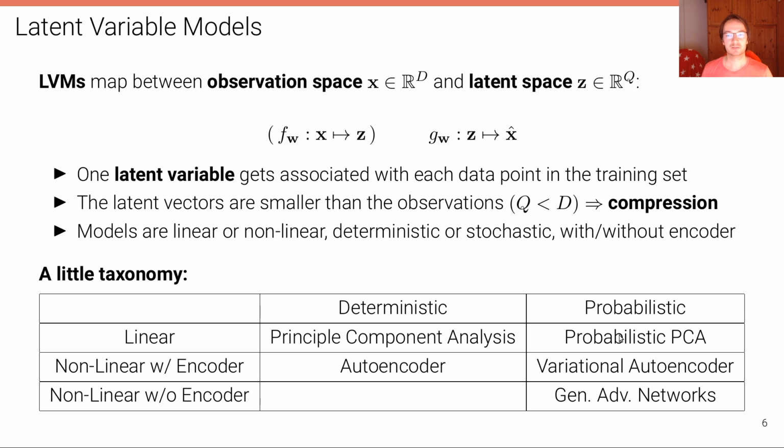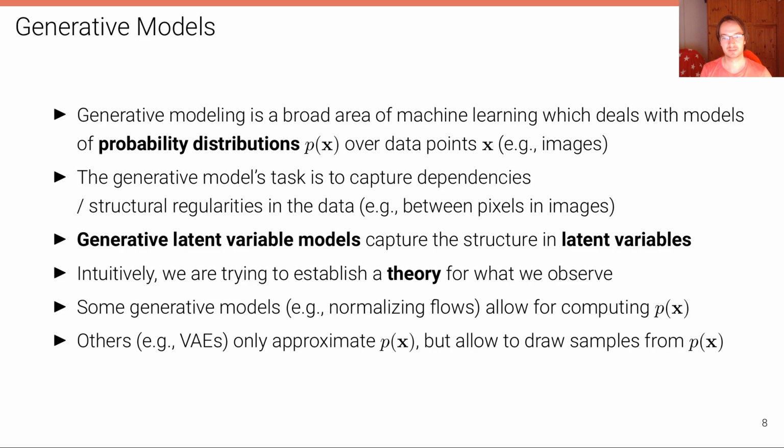They are stochastic models, not deterministic models, that allow for sampling new data points from the data distribution that we have approximated with our model. That's why they're called generative. They allow for generating samples from the data set that we feed to the model during training.